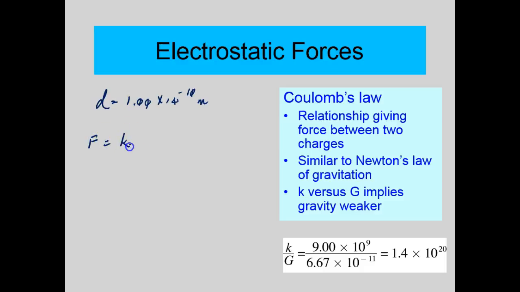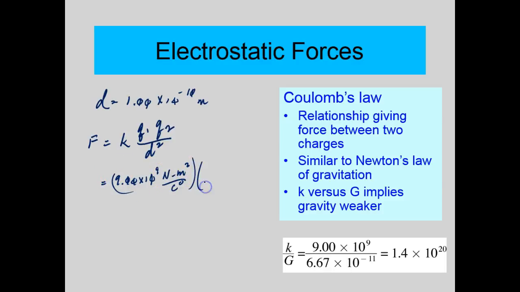That force is K Q1 Q2 over D squared. We got the D. What is the charge on an electron? Anyone remember? Oh, and the K here we see right down there is 9.00 times 10 to the 9 newton meter squared per coulomb squared. Okay?